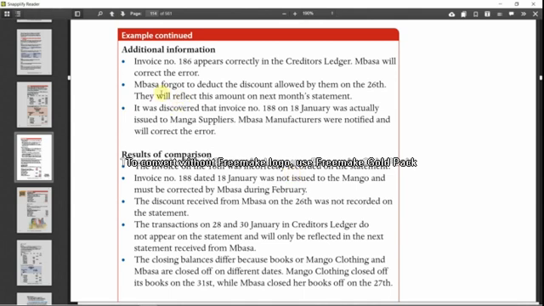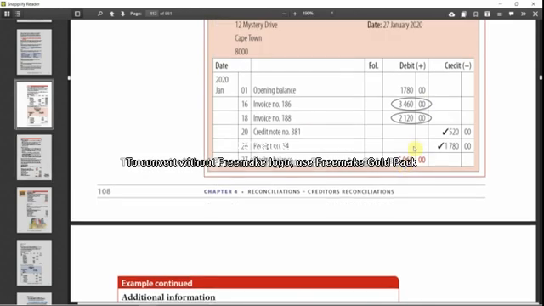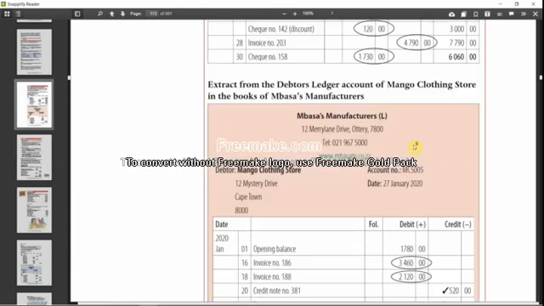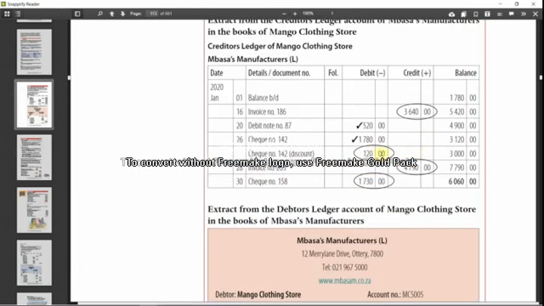Then further in the additional information, it indicates that Mabasa forgot to deduct the discount allowed by them on the 26th. They will reflect this amount on the next month's statement. So we recorded the discount correctly as 120 rather. They omitted it.